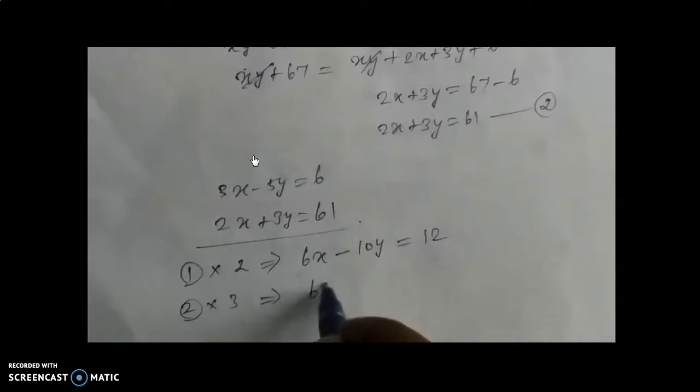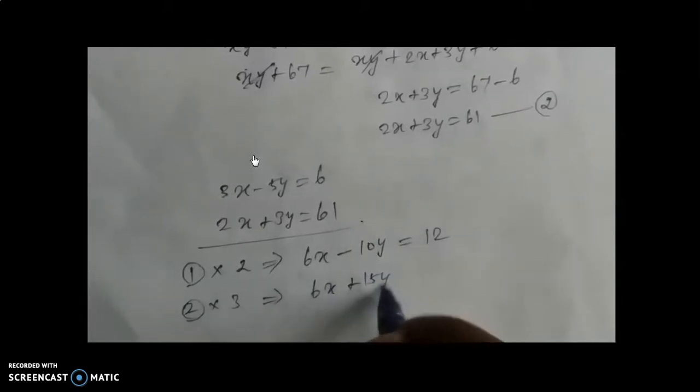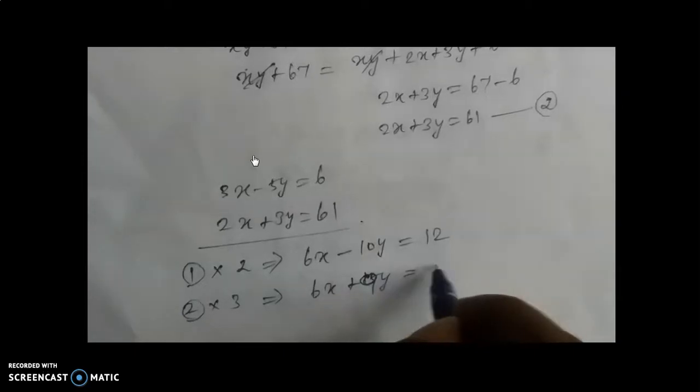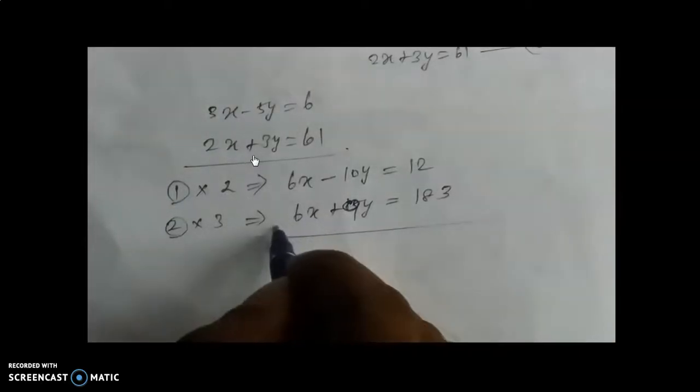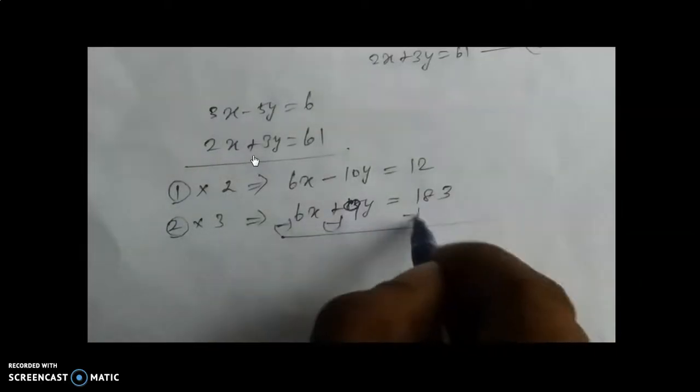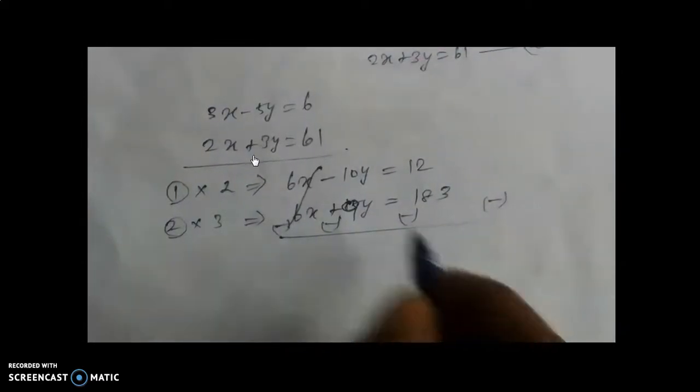So this will become 6x plus 9y equals 183. Now change the signs, because we are going to subtract these two equations. So the 6x terms cancel each other. So what about here?